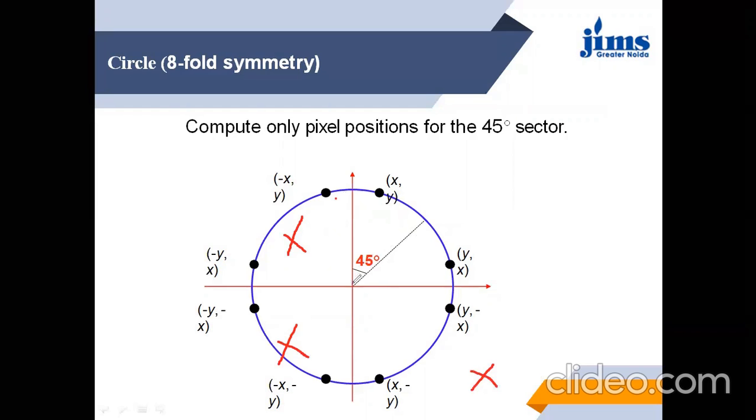Now, if I divide this into equal parts, when R is at 45 degrees, means m is equal to 1 over here, the line that joins the origin to this point is at 45 degrees.